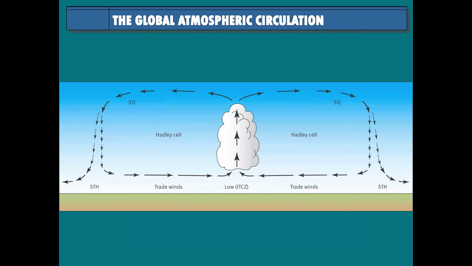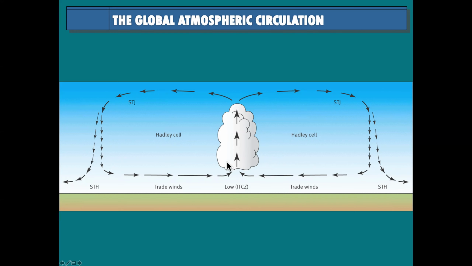Okay, so the two areas that we're going to focus quite a bit on during this block would be the equator. It's low pressure, the sun heats the ground, the air rises, that air cools and sinks, and you get subtropical high pressure at around 30 degrees north or south. And you get the same thing in the southern hemisphere.